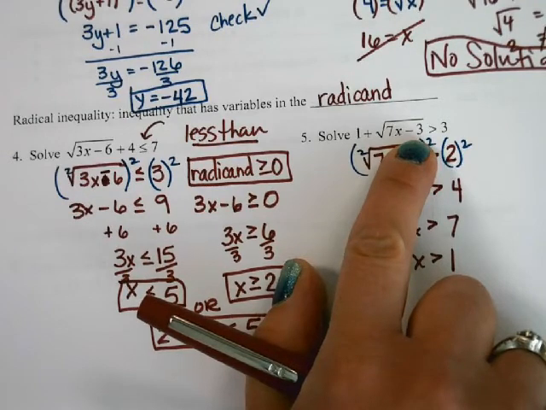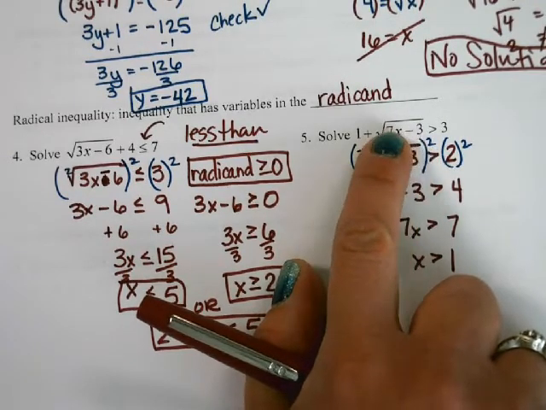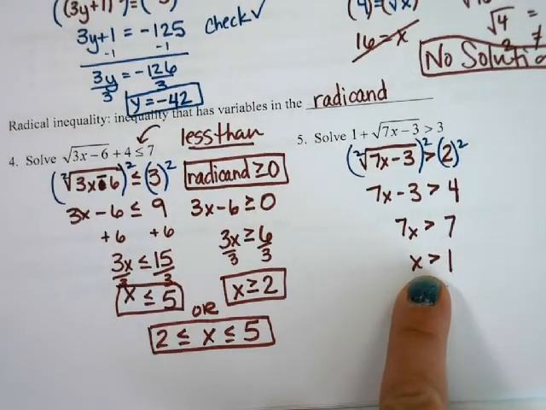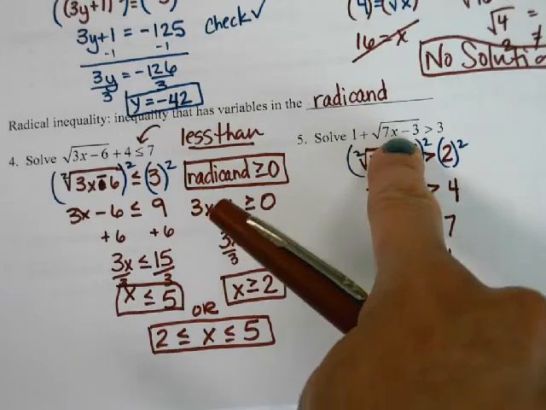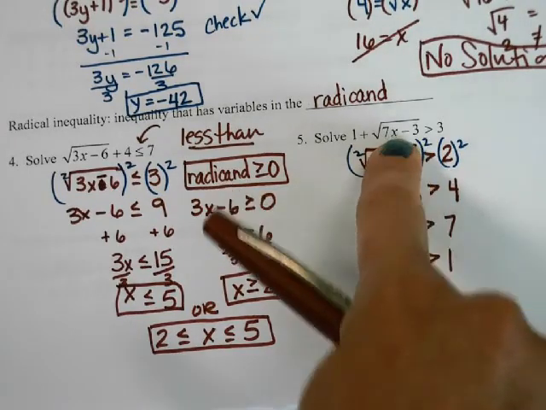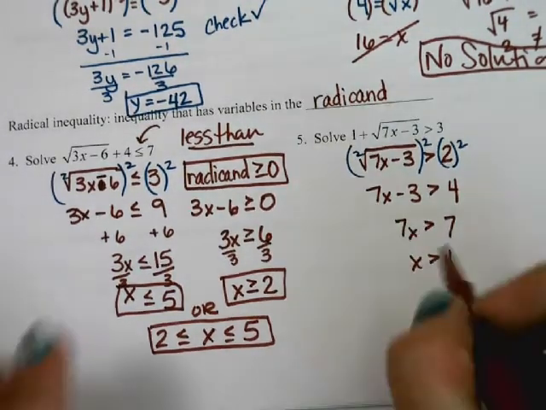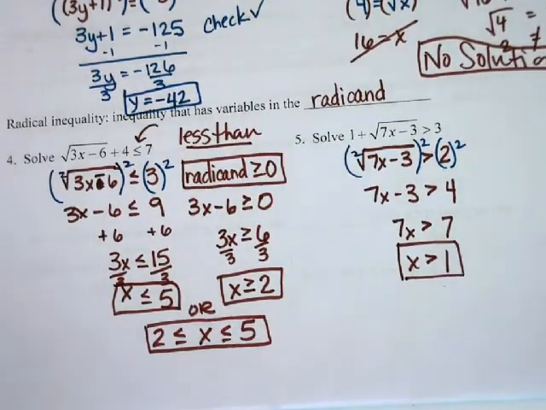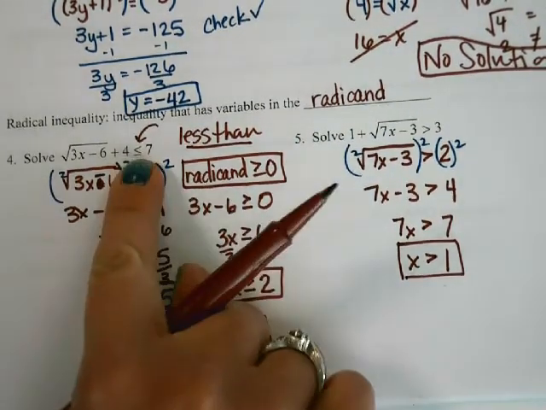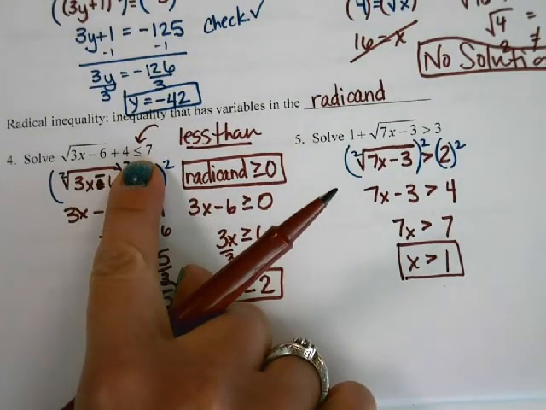The square root of 11 is positive, right? So no matter what I put in there that's bigger than 1, he will always be positive. So this guy I don't have to bound because he'll never go negative. You only have to bound it if the inequality is a less than.